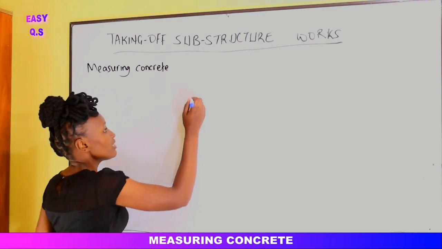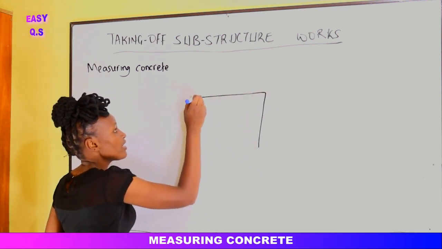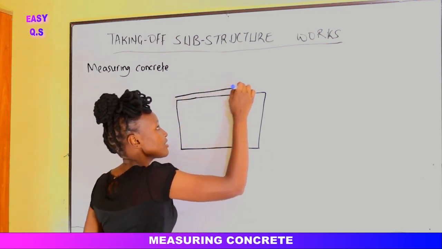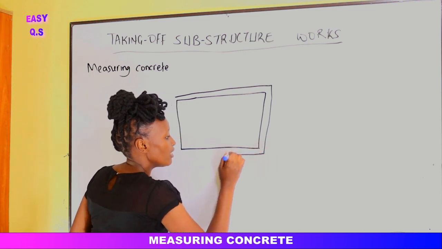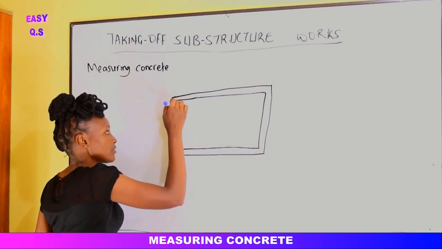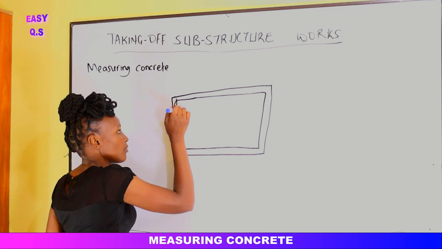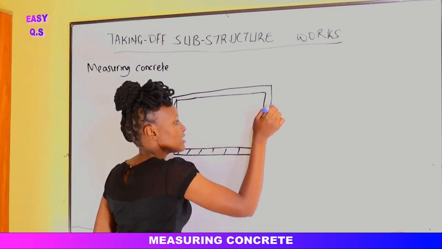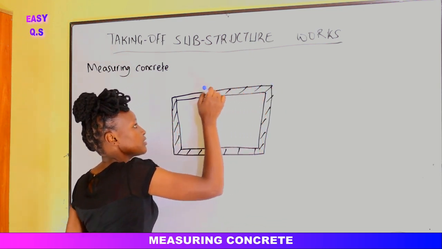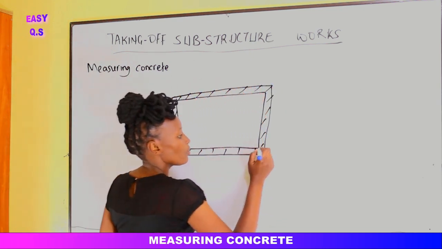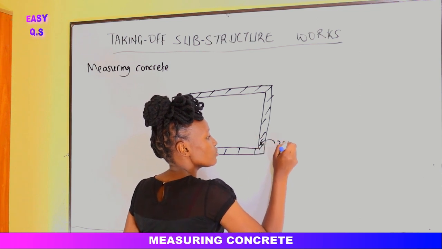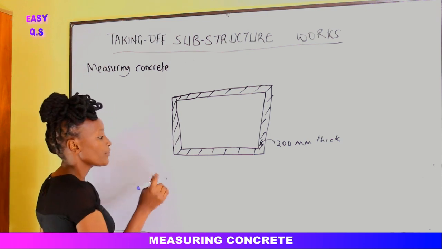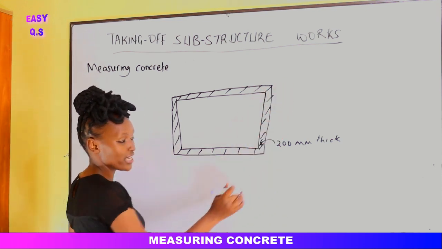We said if you have a house here and the house is rectangular, assuming this is our house, these are the walls, and the walls are 200 millimeters thick. This is the length of the house and the width of the house.